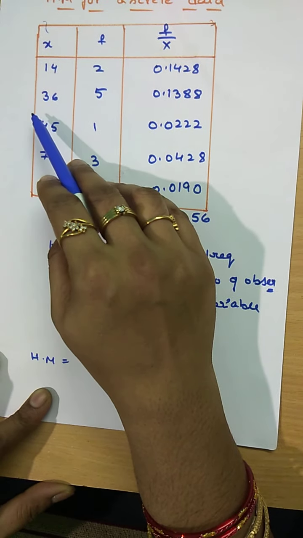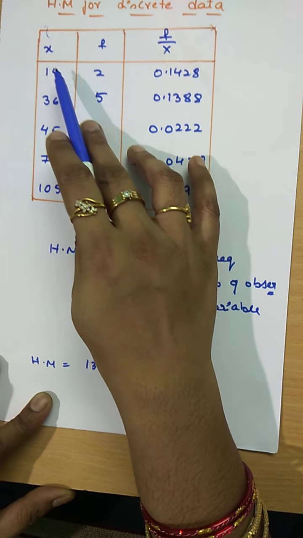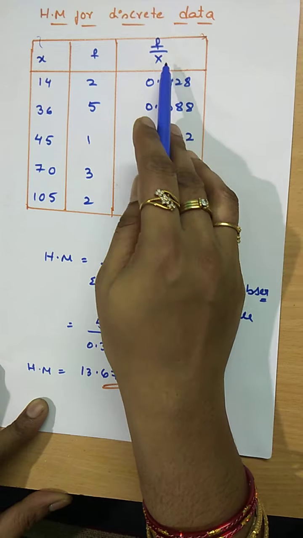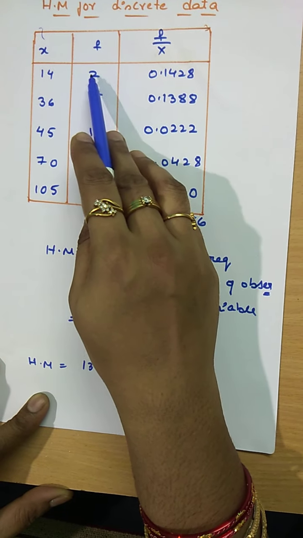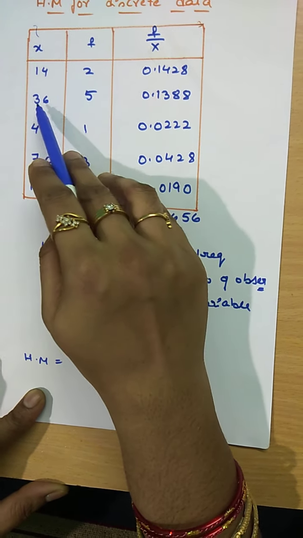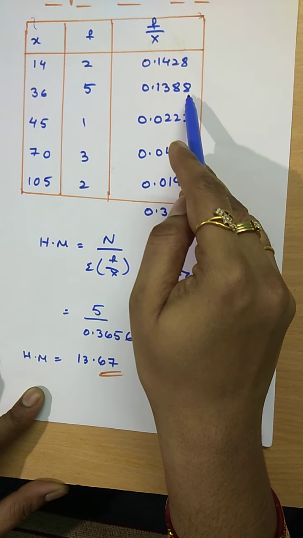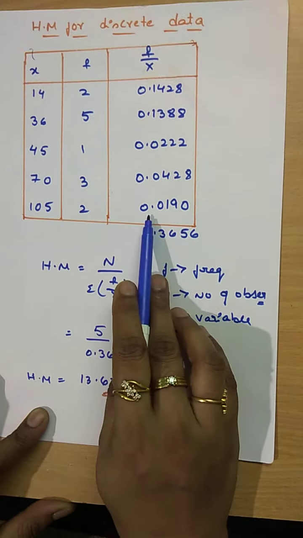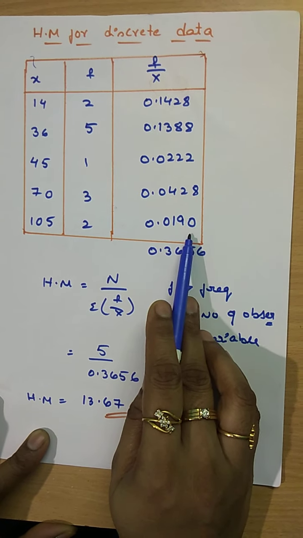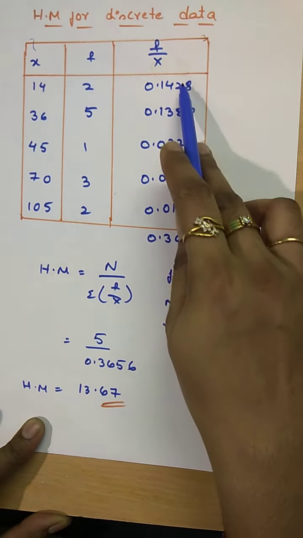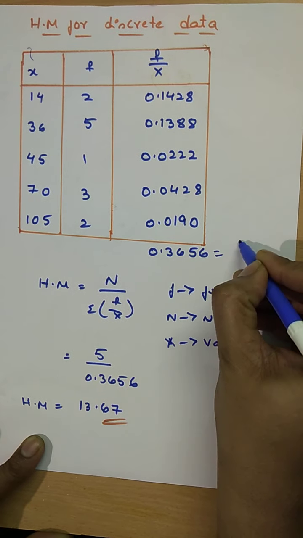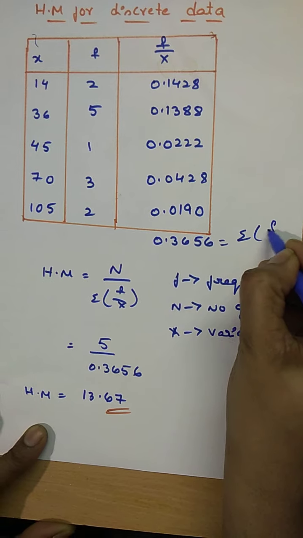In the previous case we found 1 by x, but in this case frequencies are there, so we need to find f divided by x. 2 divided by 14, 5 divided by 36, which is equal to 0.1388. Like that 2 divided by 105, which is equal to 0.0190. Like that we find all the values of f divided by x, and then add them to get the summation of f divided by x.